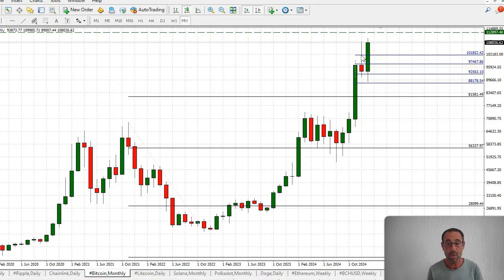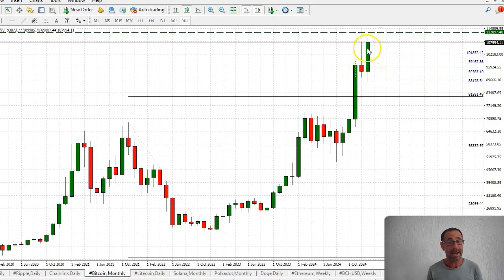The highest high was 108,362, so that's like 7,000 points above our last line of resistance, 101.852. But what happened was, just before the end of the month, price action sunk. It tanked and ended up even negatively, but definitely below 101.852. So it remained inside of that local range.